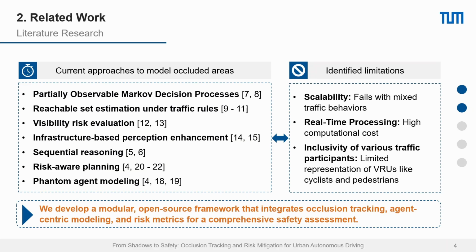Real-time performance can be a bottleneck, and VRUs, like cyclists or pedestrians, are often underrepresented. That's where our approach comes in. We developed a modular, open-source framework that combines occlusion tracking, agent-centric modeling, and risk metrics, all designed to support a comprehensive and realistic safety assessment.